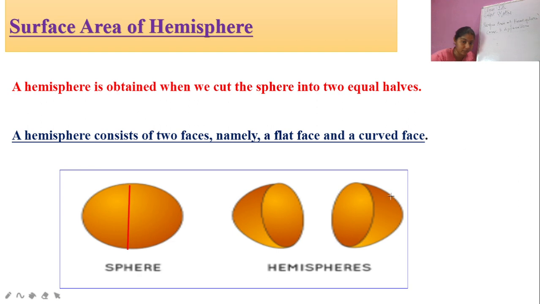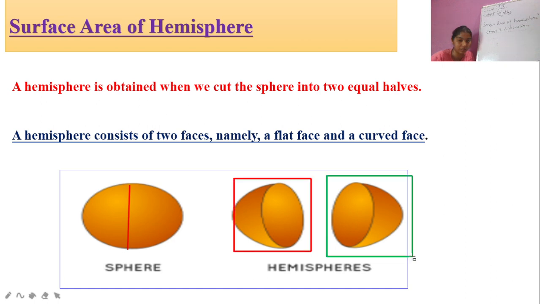These are the two halves you get when you cut a sphere. The first hemisphere is this one, and let me take another color, the second hemisphere is this. These are the two hemispheres you get whenever you cut a sphere.